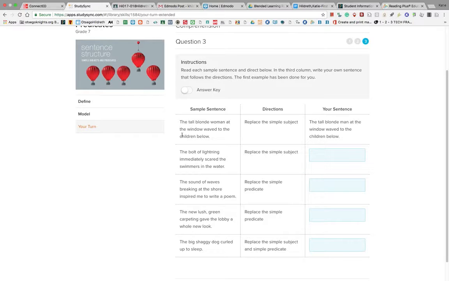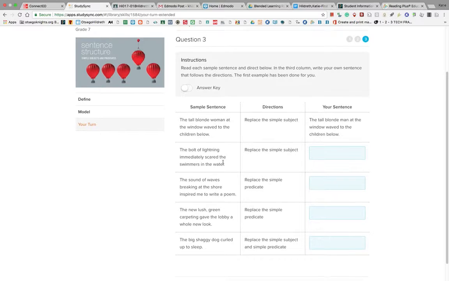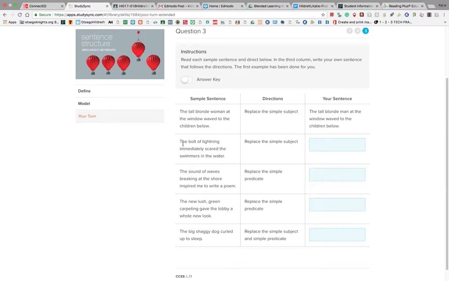Same sentence, same predicate, all we did was change the simple subject. So we changed one word. We changed woman to man. Okay? So in the next one that you're going to actually do, the bolt of lightning immediately scared the swimmers in the water. Okay? You're going to first have to decide what the simple subject is, and then you're going to replace that simple subject, type your sentence in the last blue box.